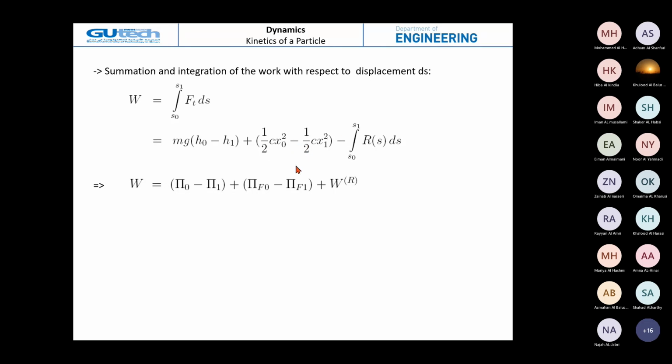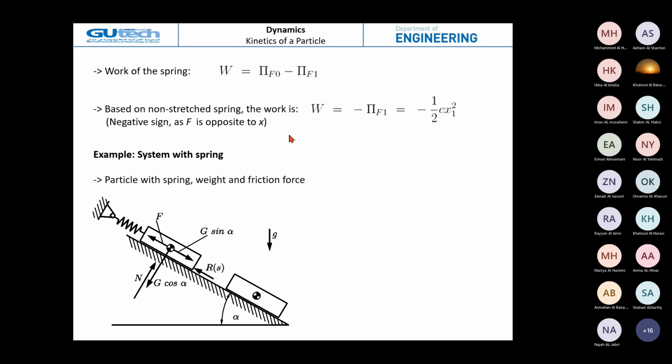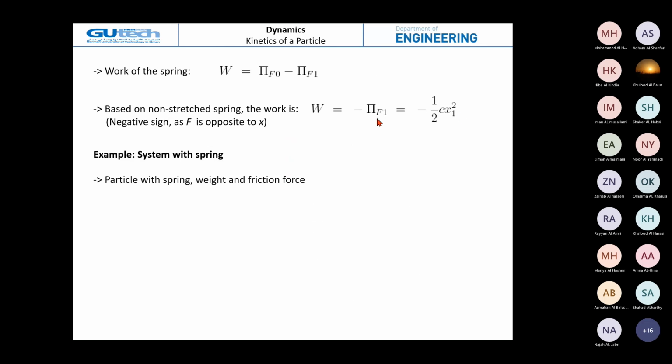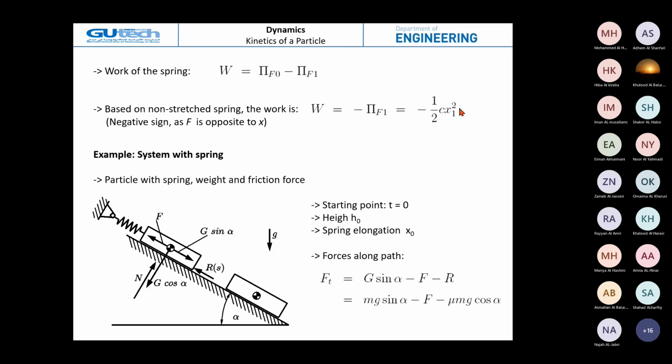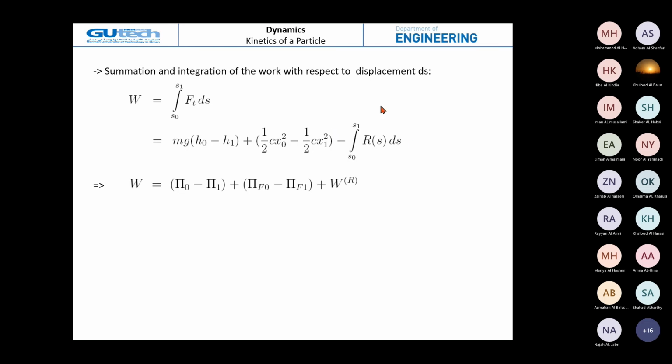This is the potential energy with respect to the spring. As we have said, the potential here is the half of Cx1 square for the spring. And additionally, we have the work due to the friction.